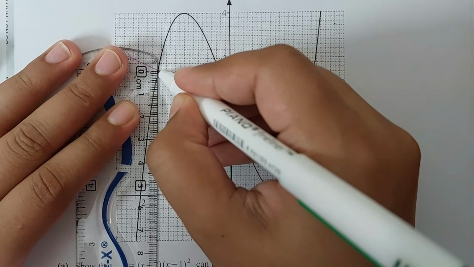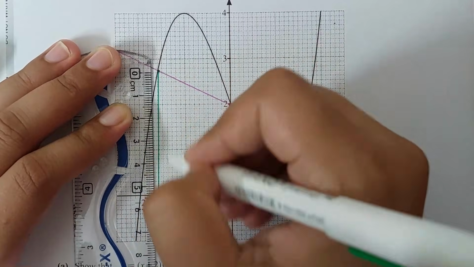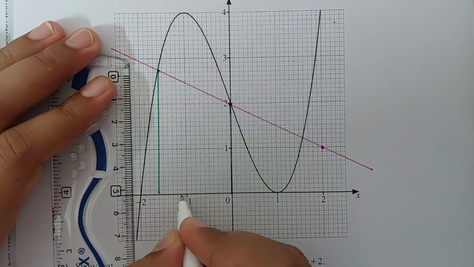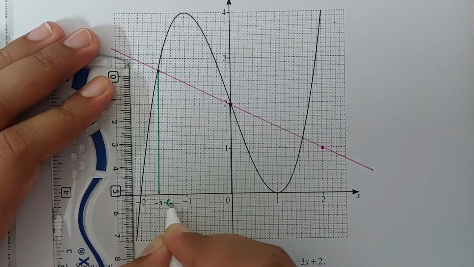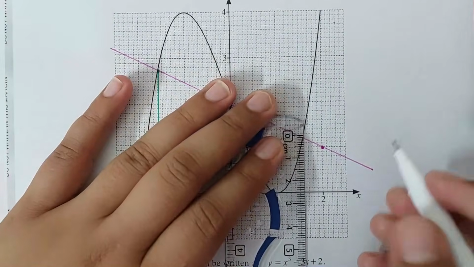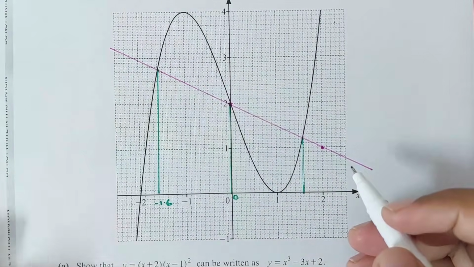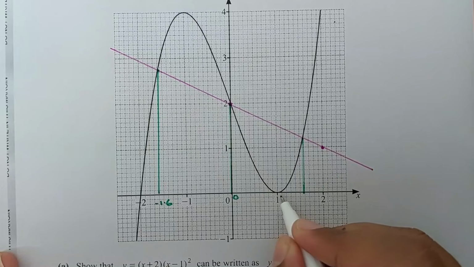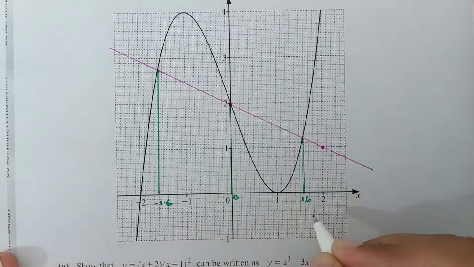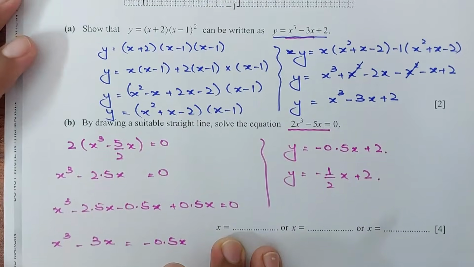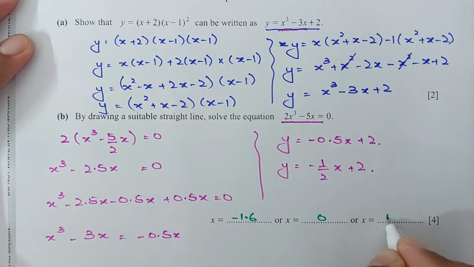The second point is over there, negative 1.1, 1.2, 1.3, 1.4, 1.5, 1.6, so minus 1.6. And the third one is this, which is 1.1, 1.2, 1.3, 1.4, 1.5, 1.6. All right. So we have 3 solutions: negative 1.6, 0 and 1.6.